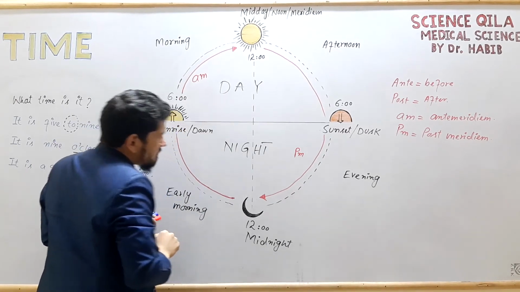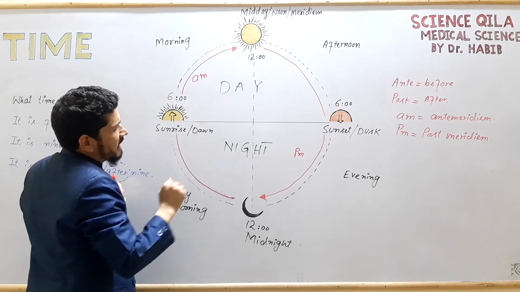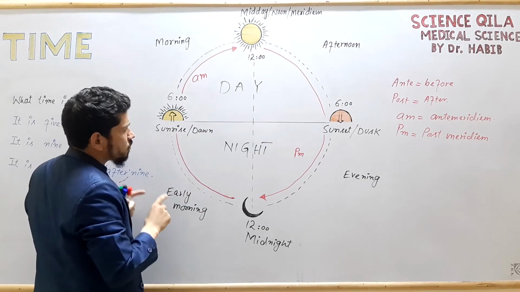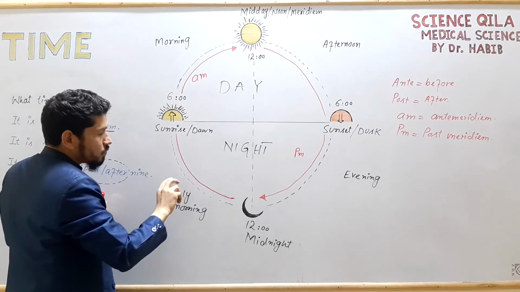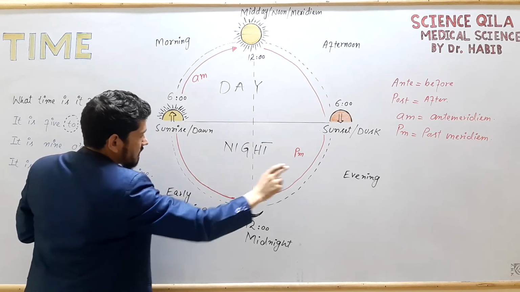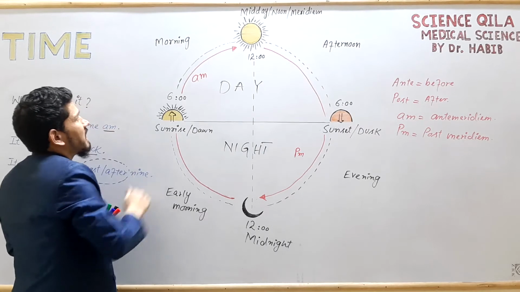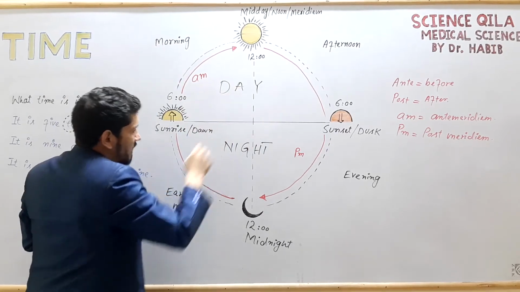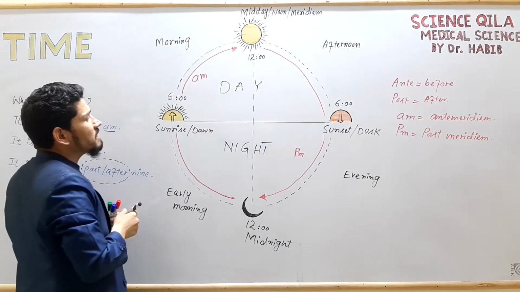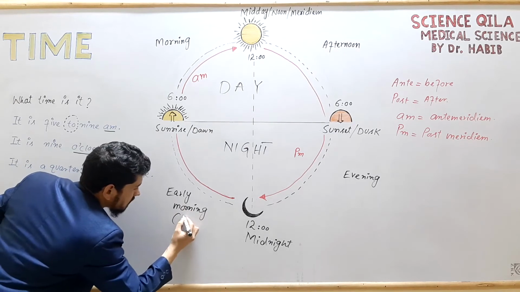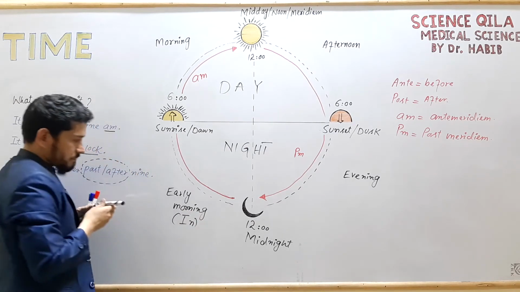Okay, before telling about the prepositions of the time, here I would like to mention one very important thing: which prepositions do we use with these parts of the day and night. With early morning, morning, afternoon and evening, with these four parts of the day and night, we use the preposition in.